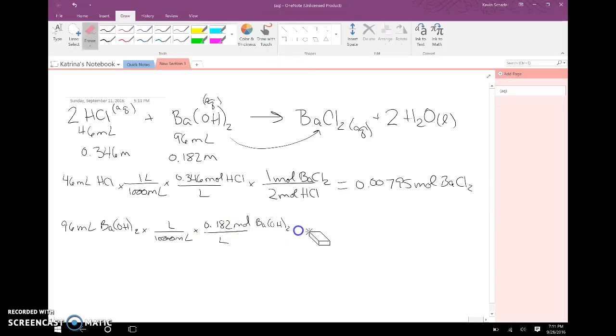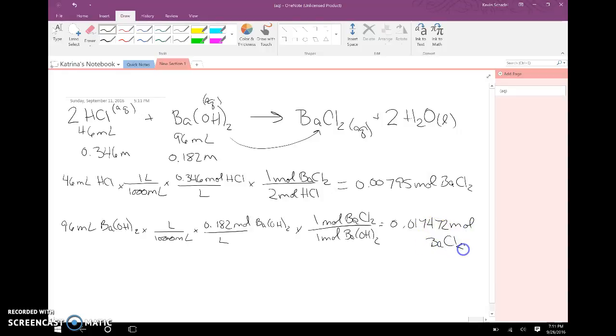And the last one wasn't necessary. And this is in a 1-to-1 ratio, so for every 1 mole of barium hydroxide, I've got 1 mole of barium chloride. And you plug that into your calculator, and you get 0.017472 moles of barium chloride.